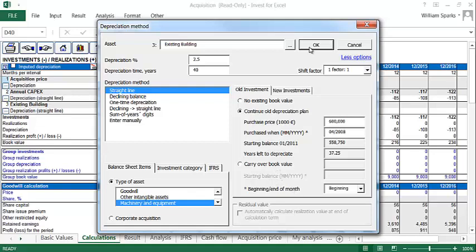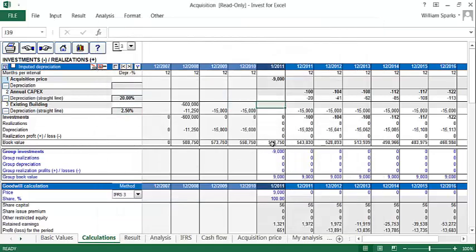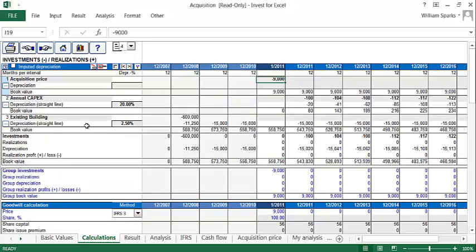So that's how it works. So when you press OK now, we will see that we have, okay, if you switch from this outline on the top where it shows number 3, from 3 to 4, the book value of the existing building, you see how it comes to the calculation.